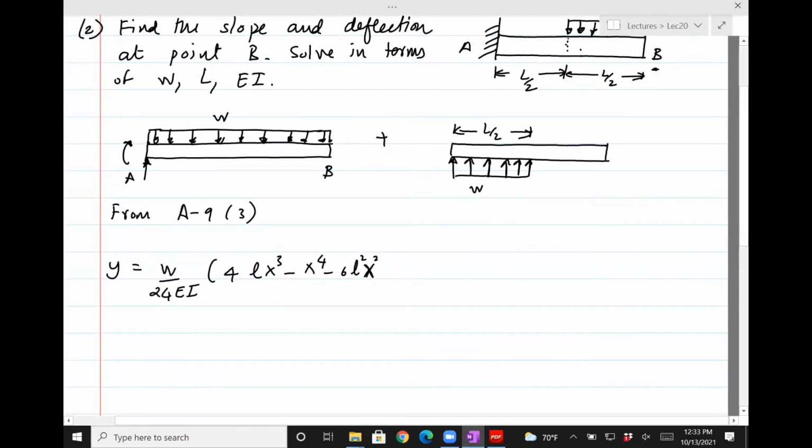Okay, so if you take the derivative of that, derivative of x cube is 3x squared, so 12x squared minus 4x cube minus 12L square x.